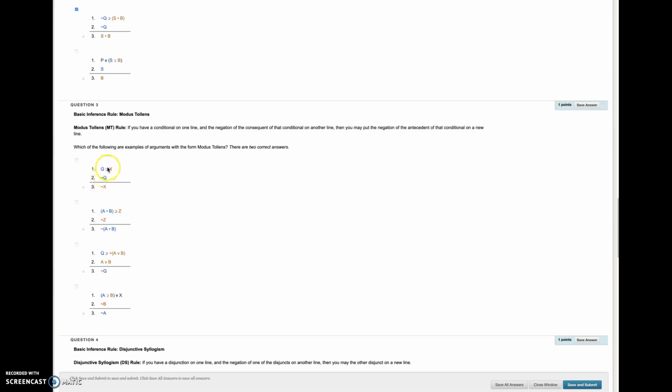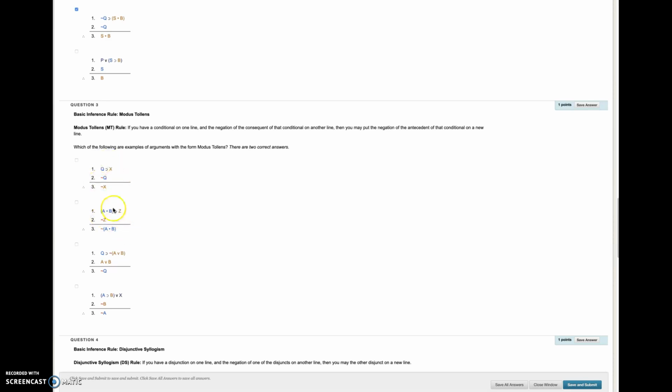Do we have a conditional? Yes. That's criterion 1. Do we have the negation of the consequent? The negation of the consequent here would be not X. Do we have that? No. So this is negating the antecedent, but modus tollens says if you have a conditional and the negation of the consequent, you can put the negation of the antecedent on a line. So this is not an example of modus tollens.